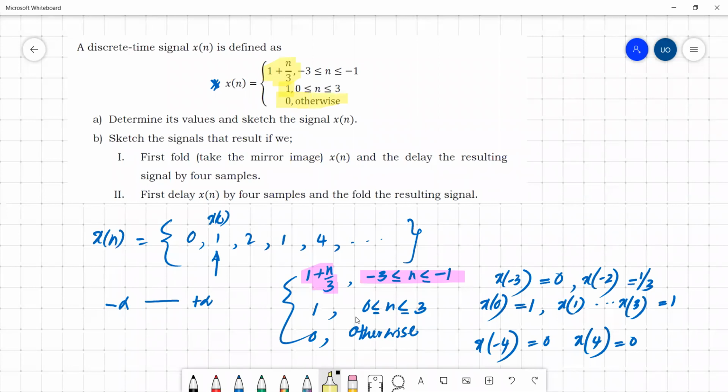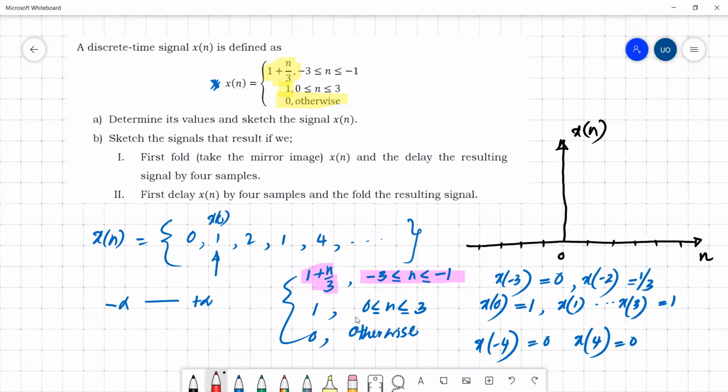Then you can simply draw this discrete signal. Your x-axis is n and your y-axis is xn. So this is 0, 1, 2, 3, 4, 5, minus 1, minus 2, minus 3, minus 4.